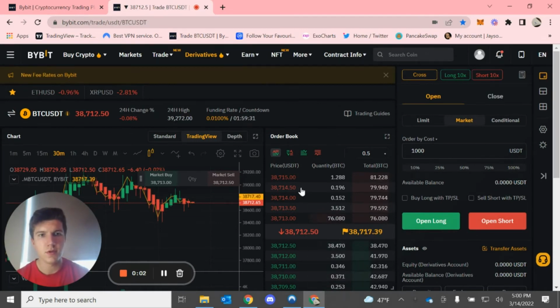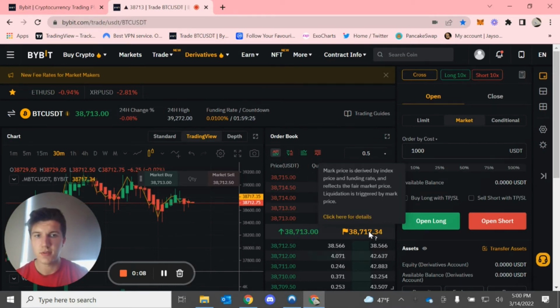Next, we'll go to market orders, and market orders is really just ordering at the current mark price, and the mark price is derived by index price and funding rate. So it's basically how the exchange is viewing the current price of Bitcoin in this case, to where you can get in instantly.